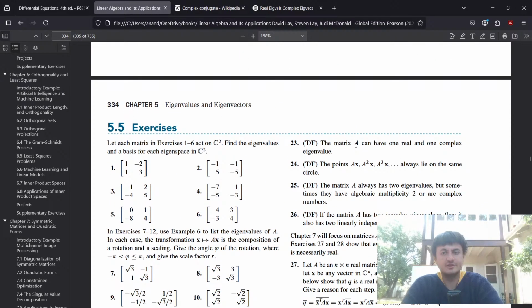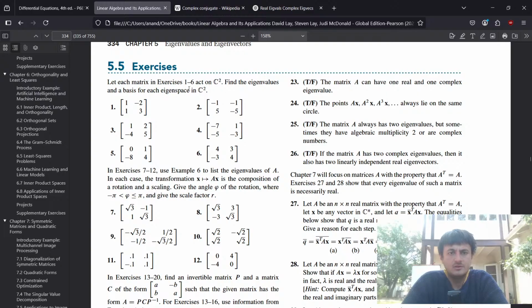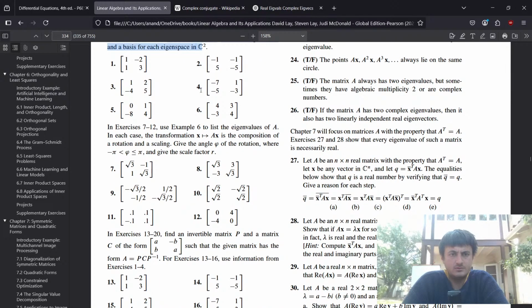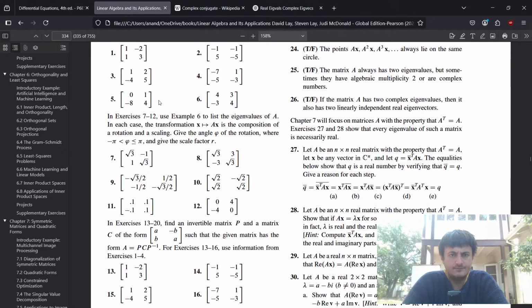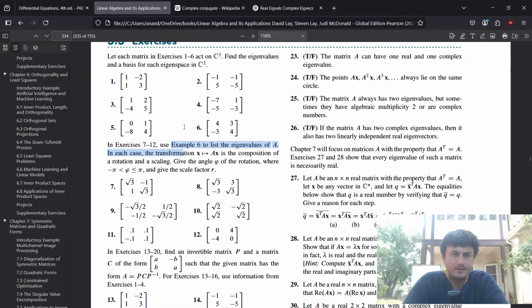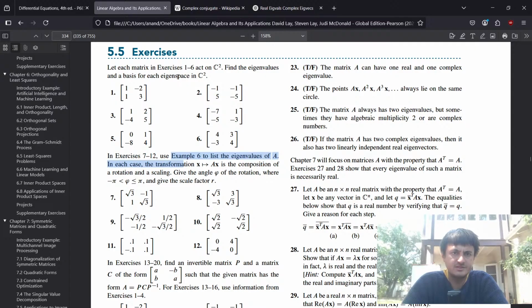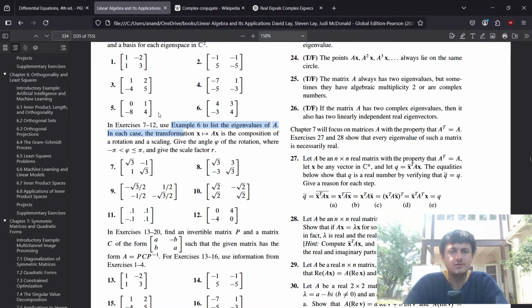All right, let's read through the exercises. Find the eigenvalues and a basis for each eigenspace.